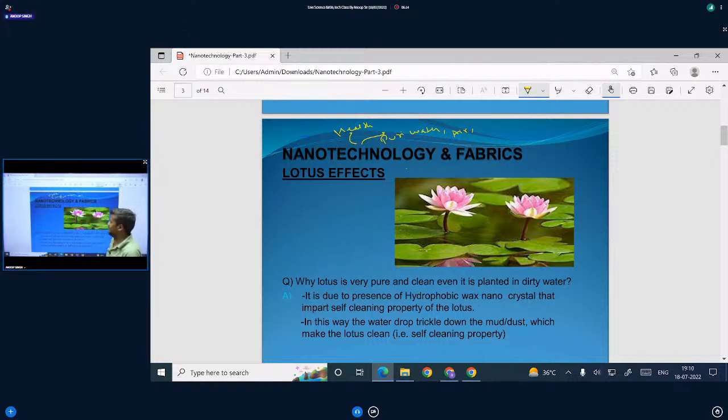Also, we saw the application of nanotechnology in the electronic field, and how it plays a vital role.